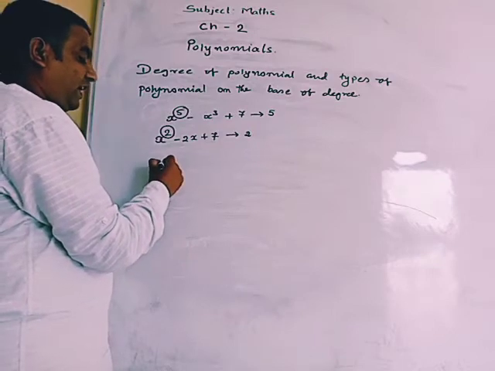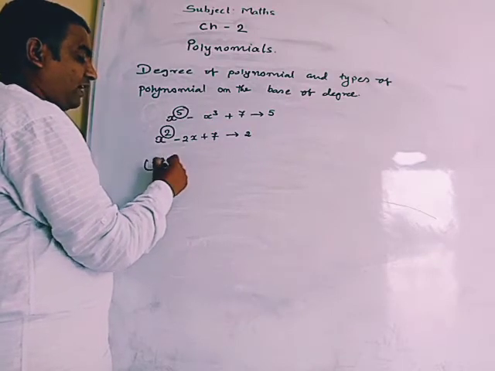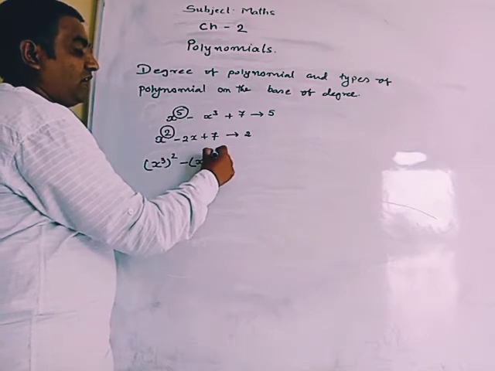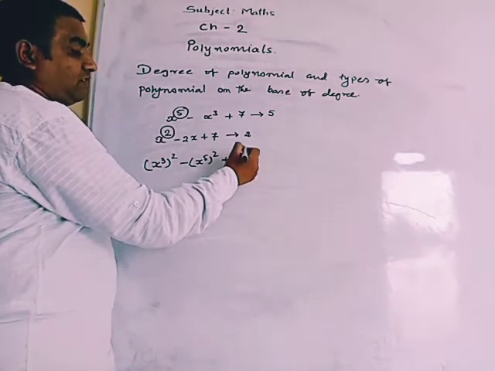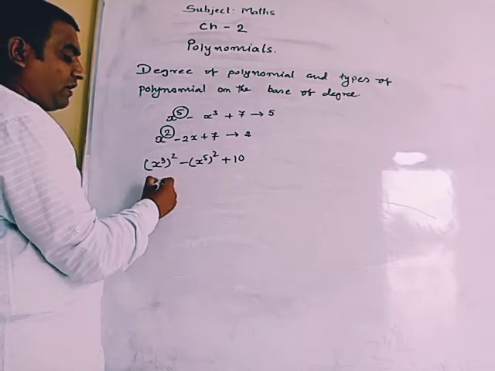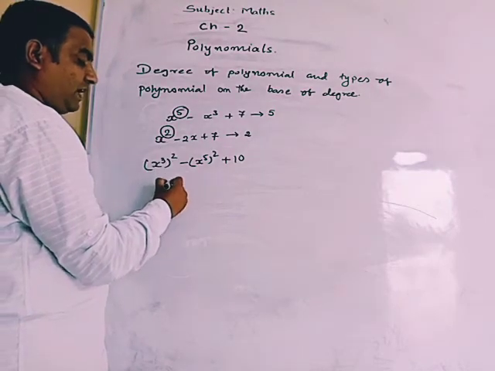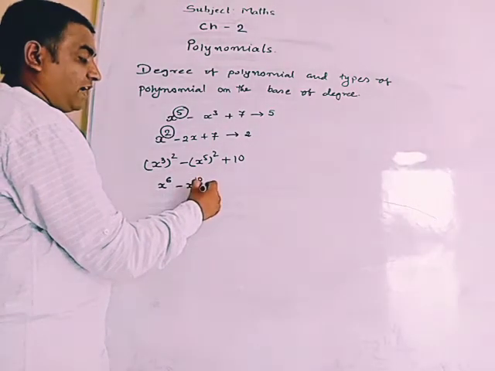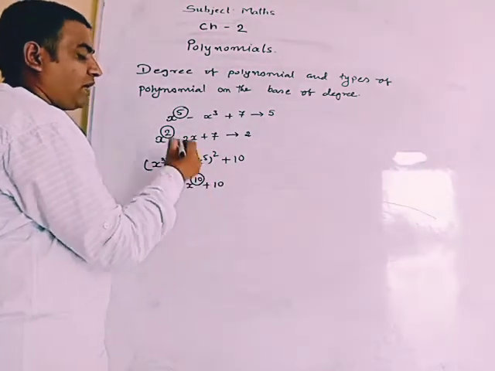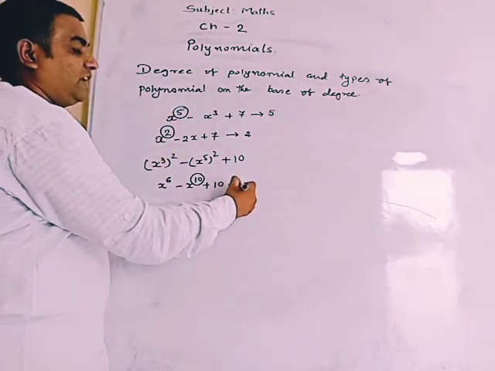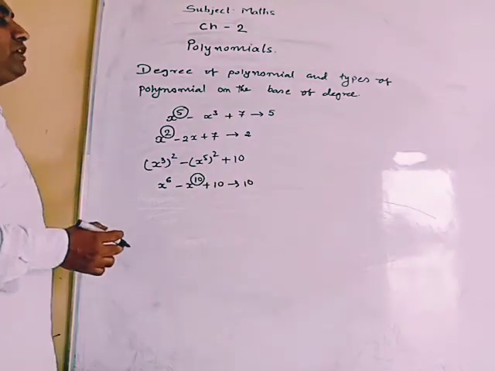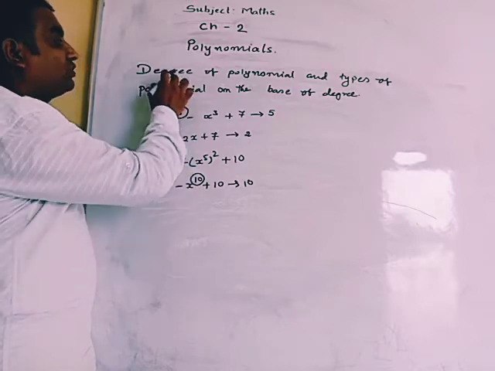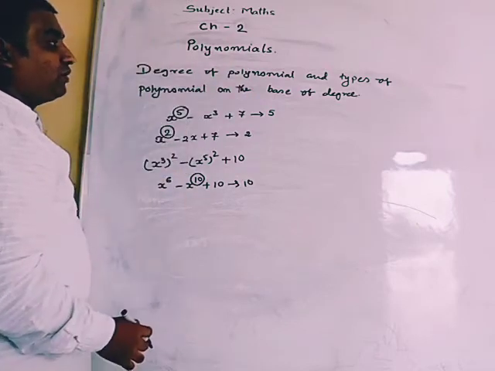Suppose we write (x cube) square minus (x 5) square plus 10. Here power raised to power is given, so first we multiply: x raised to 6, x raised to 10, plus 10. The highest power is 10, so its degree is 10. So the highest power of the variable in any polynomial is known as the degree of the polynomial.